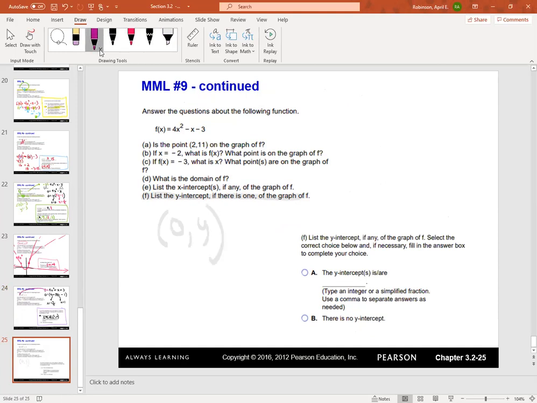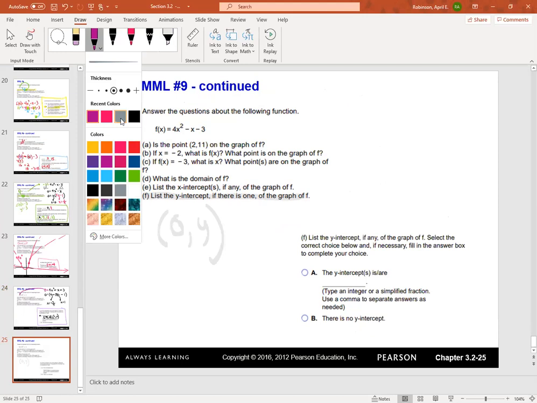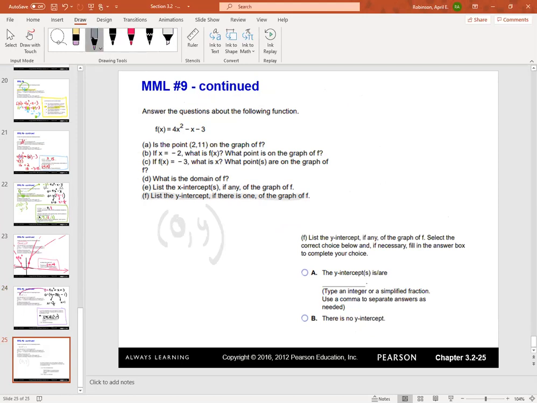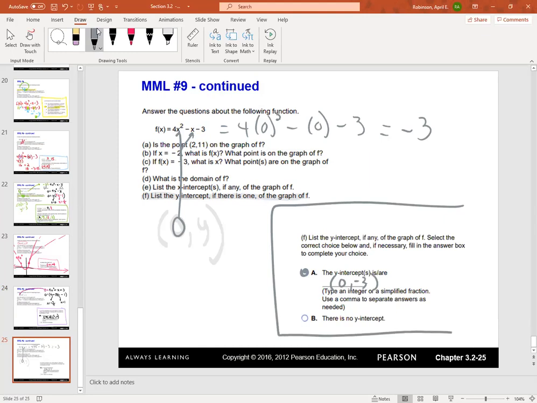So you're just going to stick 0 where x is. And of course, that's going to be 4 times 0 squared minus 0 minus 3, which is just -3. So it's going to be 0, comma, -3 for choice A for this one.